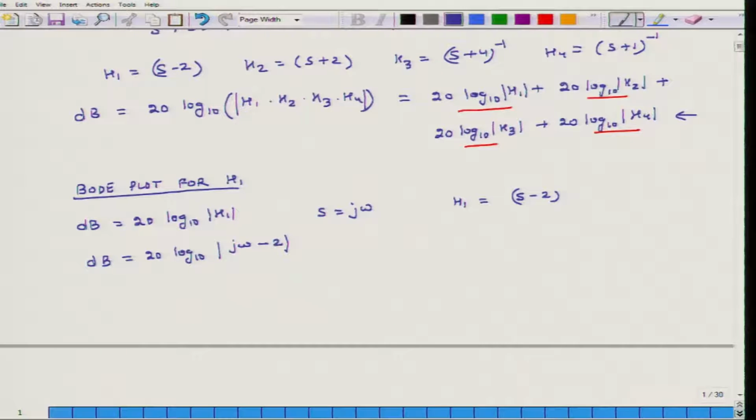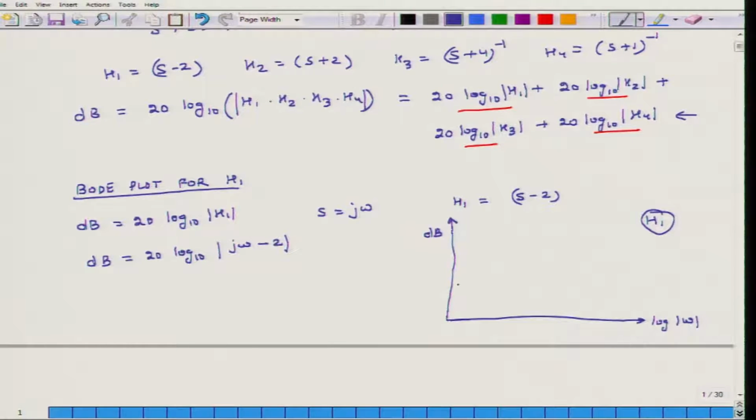As we saw in the earlier class, the Bode plot for magnitude for this function has two lines. The first line is the low frequency asymptote, and the second line is the high frequency asymptote. The low frequency asymptote corresponds to the condition when omega goes to 0. On the x axis I am going to plot log of omega, and on the y axis it is going to be in decibels, and this is what we are doing for H1.